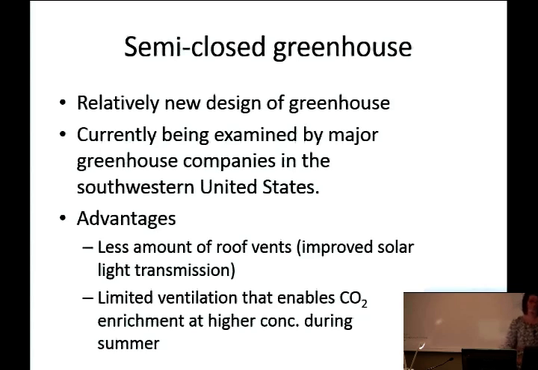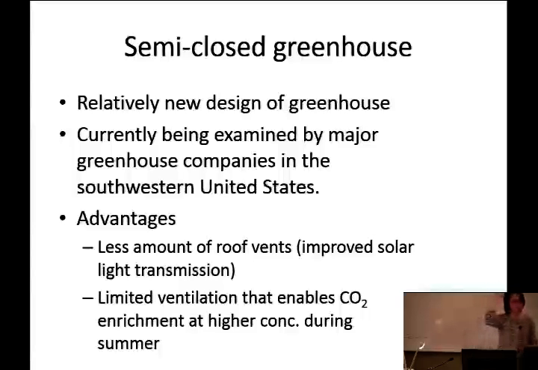The strategy is to limit the ventilation, okay? But we want to still cool, okay? Right now, in pad and fan greenhouses, we are venting massively, so we lose a lot of water to the atmosphere. We have to use a lot of water and then lose that water. And then we can't inject the CO2 because we have a lot of ventilation going on.